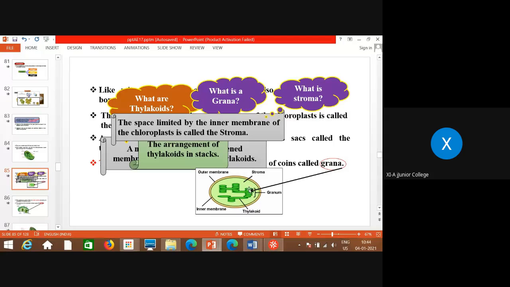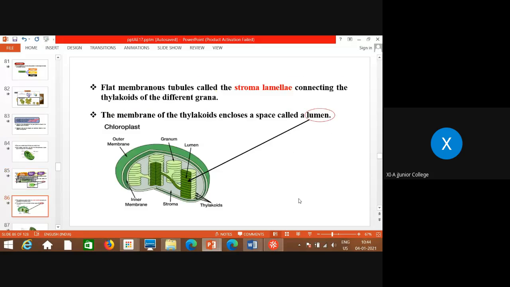Each granum, as I told you, shows the presence of thylakoids placed one above the other, giving the appearance of stacks of coins. This is the simpler structure, and in this structure you can see the section of this chloroplast, where, when you see the internal structure, these are the lumens, that is, the space inside the thylakoid membrane is called lumen.